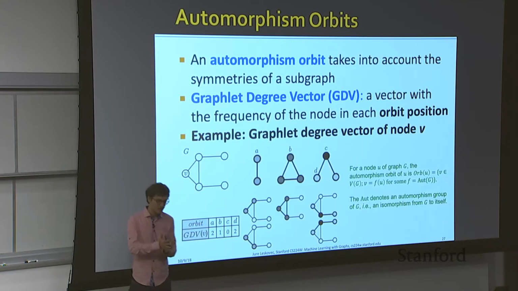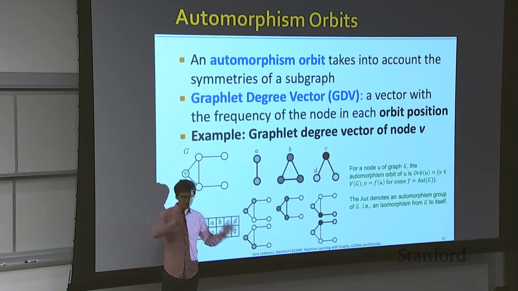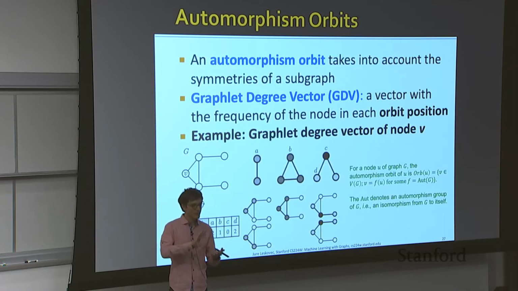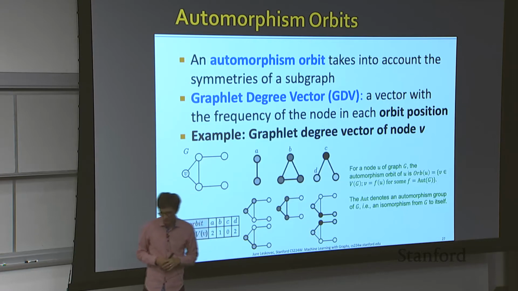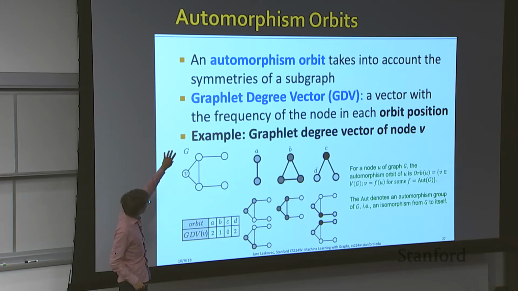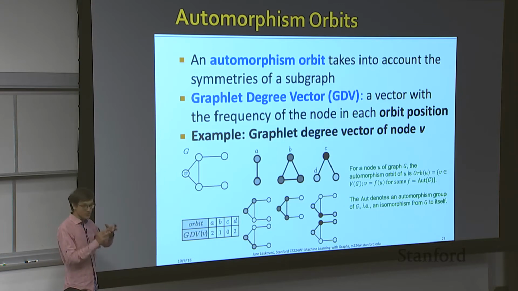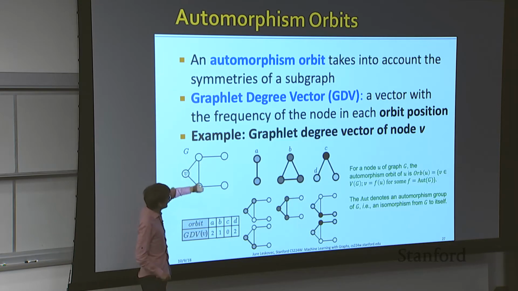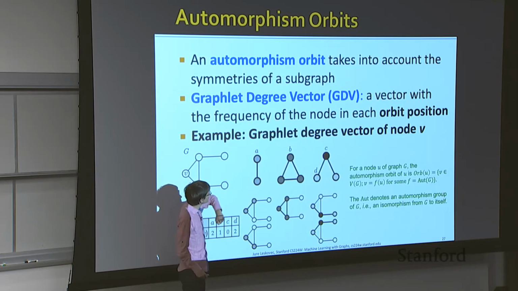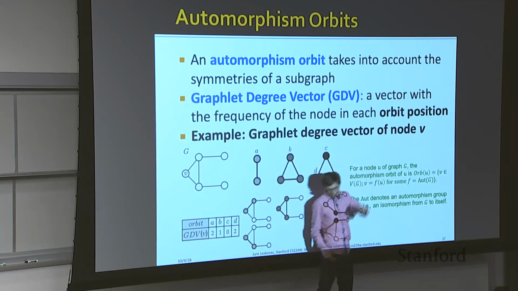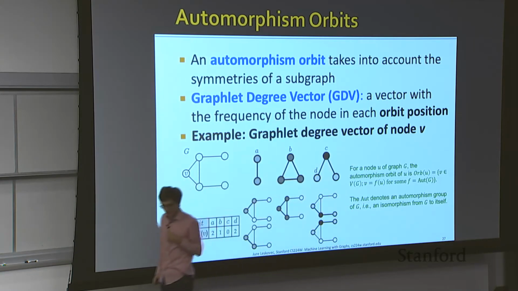I was talking about isomorphisms, which are isomorphisms between different objects, and automorphisms are isomorphisms between the same object. You can think of it that way, right? So an automorphism orbit takes into account the symmetries in a given subgraph, right? So the graphlet degree vector is a vector where the frequency at a given position tells me how many times the node is at that orbit position.